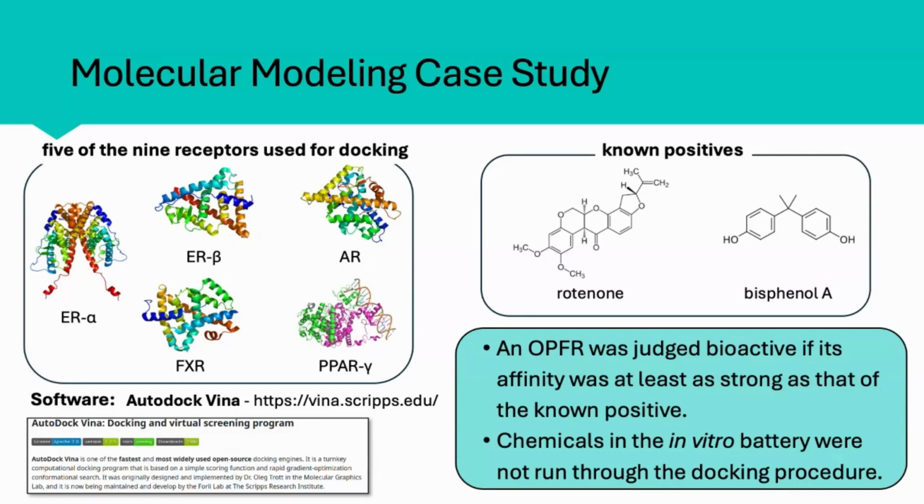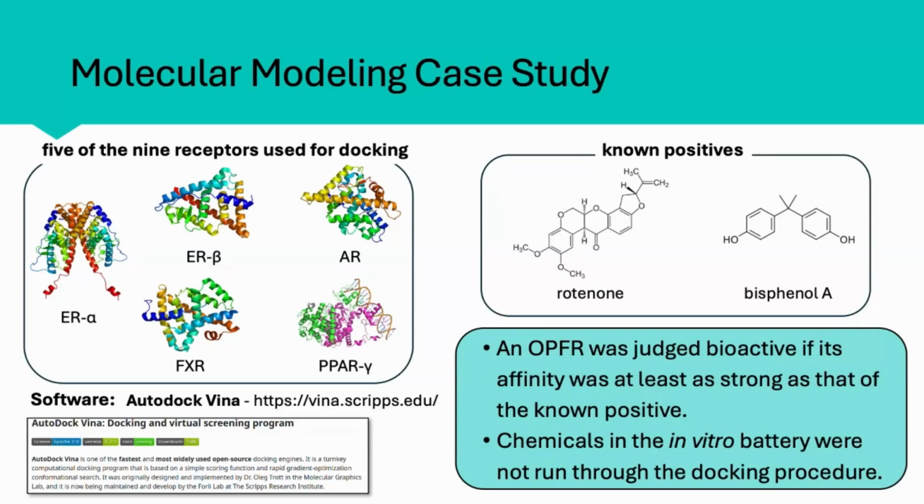They also selected 2 known positive binders, and those are rotenone and bisphenol A. They ran the molecular docking simulations on those 22 OPFRs whose activities were not known, as well as for the 2 knowns, the rotenone and bisphenol A. What they did then was to say, if the OPFR's binding score indicated at least as much affinity as those known binders, they were judged to be bioactive.